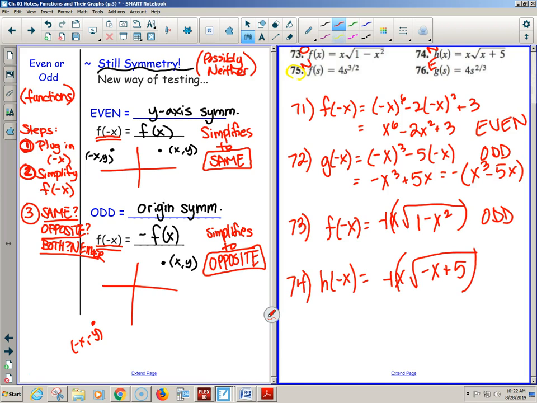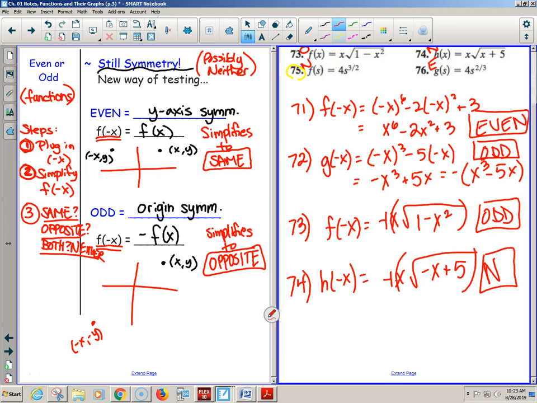Or is it? No. So therefore, I have the opposite of not the original, so it's not truly the opposite. It's a little bit of both. Something changes, something stays the same. This is a neither. You do not have to have symmetry. A function does not have to be even or odd.